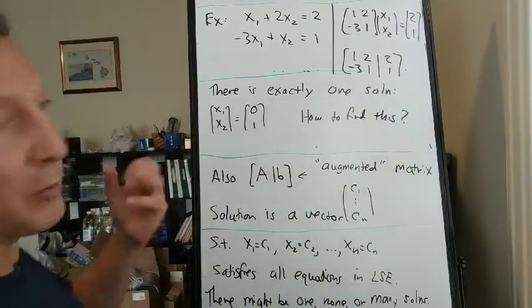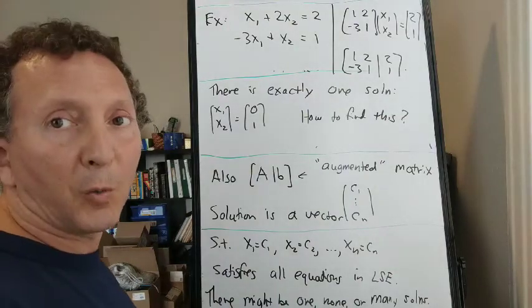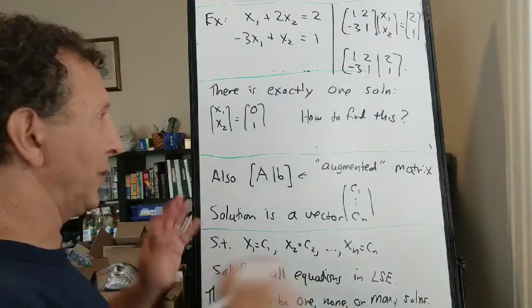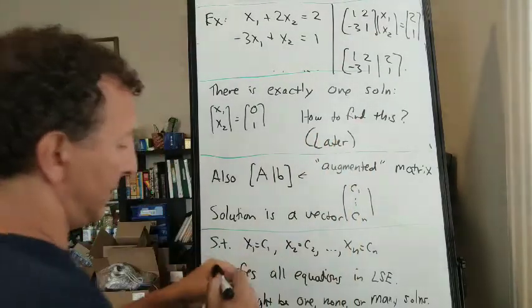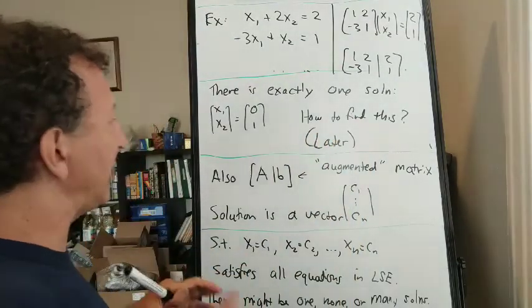It's natural for you to ask, how do we find this? And we're going to study that later, so don't worry about that now. But for now, let's just see that it is a solution.